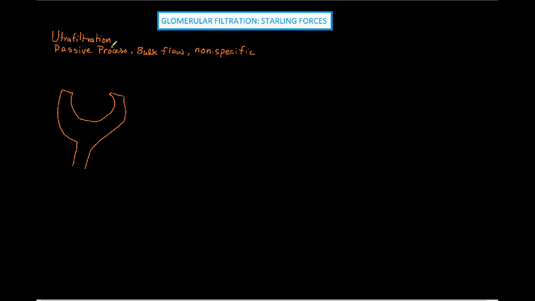So that's roughly the Bowman's capsule, and then we're going to put the capillary network here.